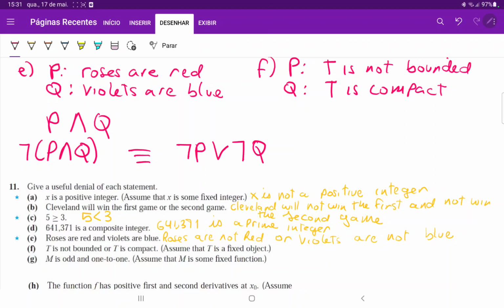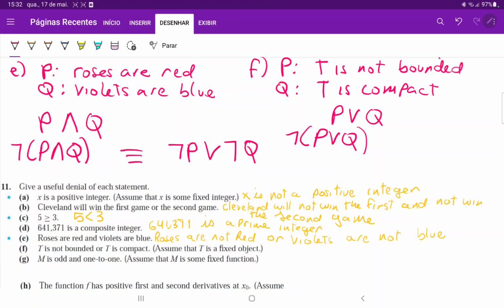So our propositional form is P or Q, right? It's not bounded or it is compact. So when we're denying this, we're saying not (P or Q). And once more, by De Morgan's laws, this is equivalent to not P and not Q. Very important to remember De Morgan's law.